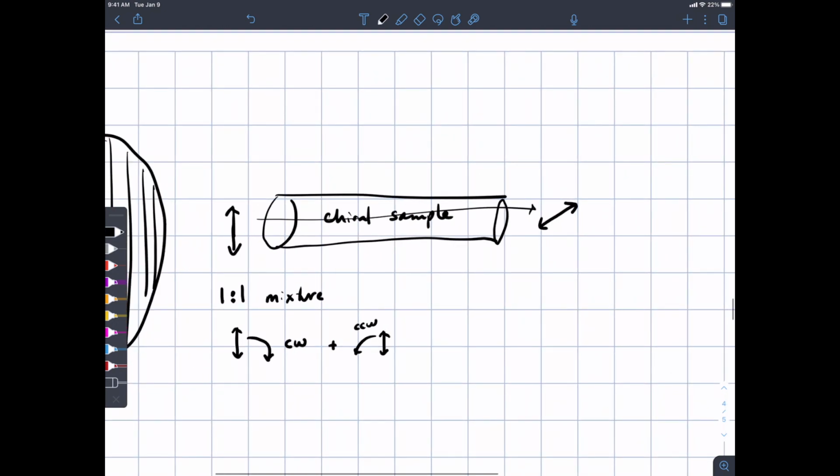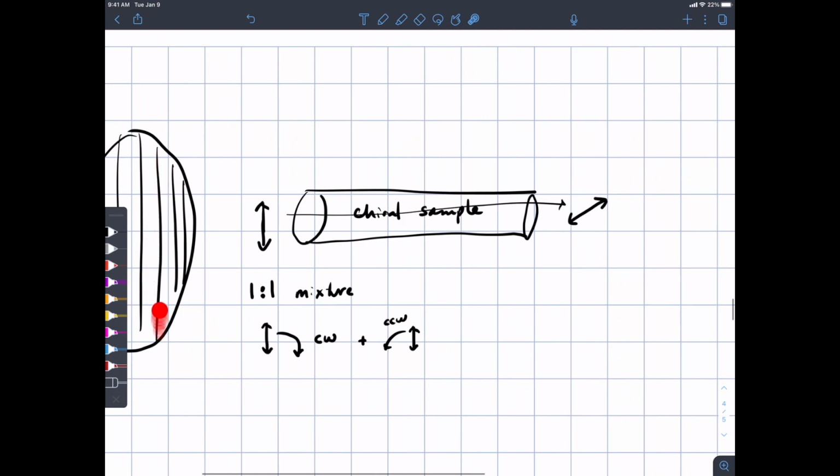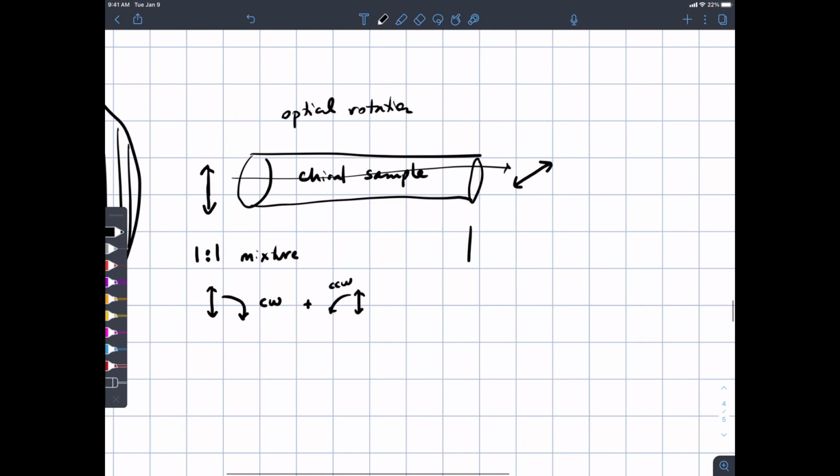So whereas before the chiral sample, all the light was oscillating parallel to the axis of polarization here, now it's rotated through some angle. And that process is called optical rotation. How this is done isn't that important, but if you take the initial plane of oscillation and then the new plane of oscillation, you measure the angle between the two of them, that's optical rotation.